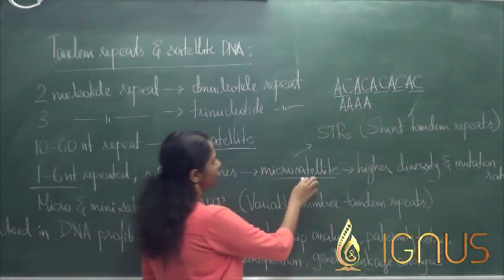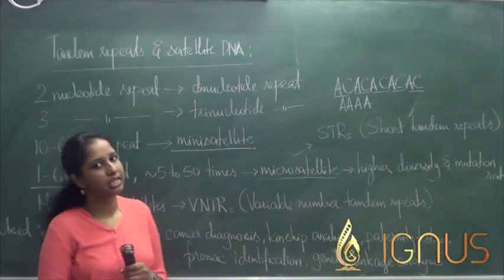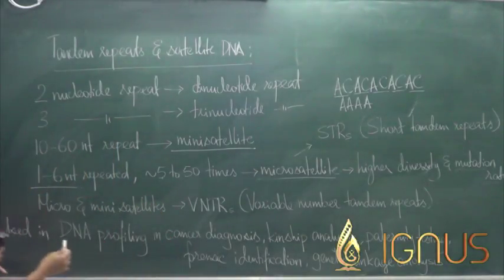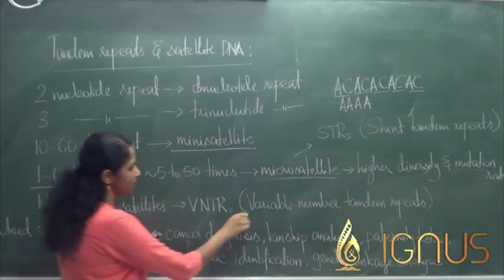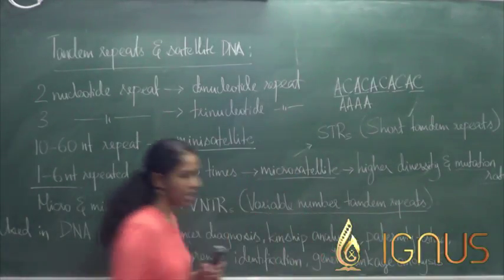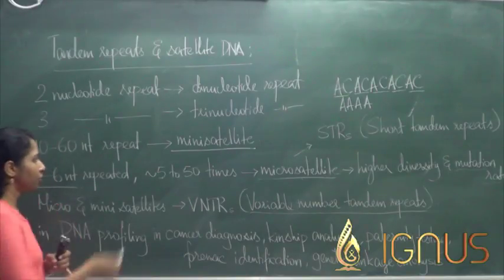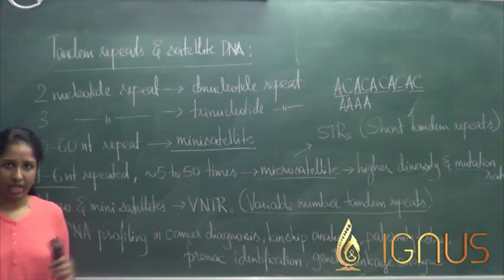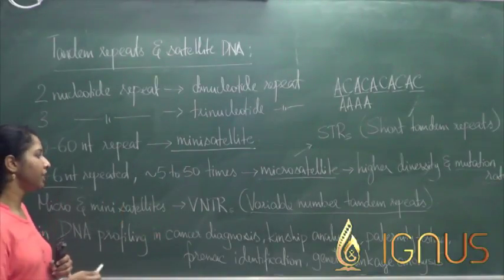Now, microsatellites are also known as short tandem repeats, abbreviated as STRs. Coming back, the micro and mini satellites together are known as variable number tandem repeats, or VNTRs for short.